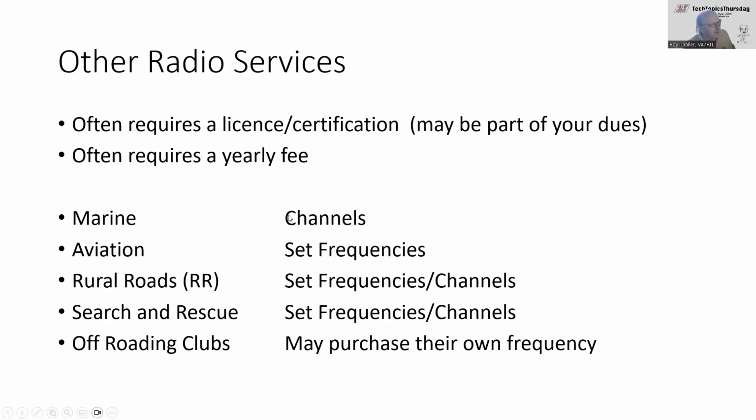So in here, you basically pay a yearly fee to use that frequency that's been assigned to you. And if you're into marine or aviation, the part of the fee that goes for the radio service is part of having a pilot's license or having your marine license to operate your boat. So that's all included there.